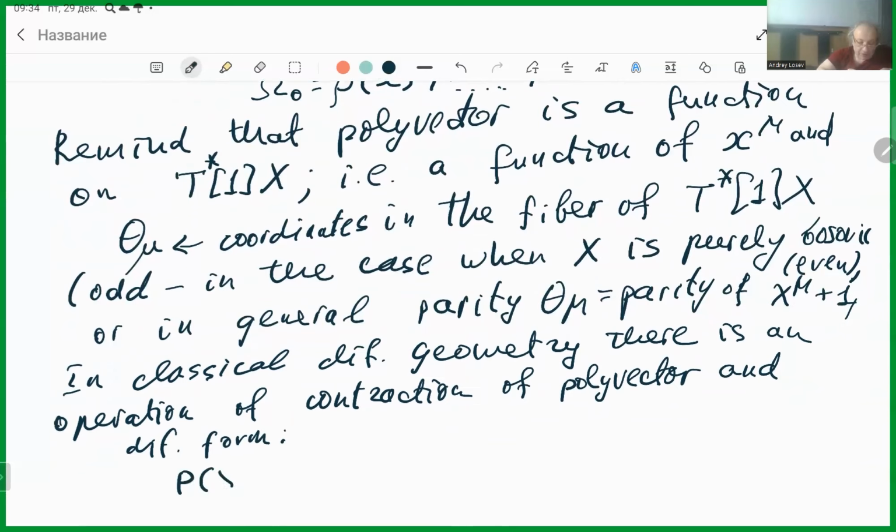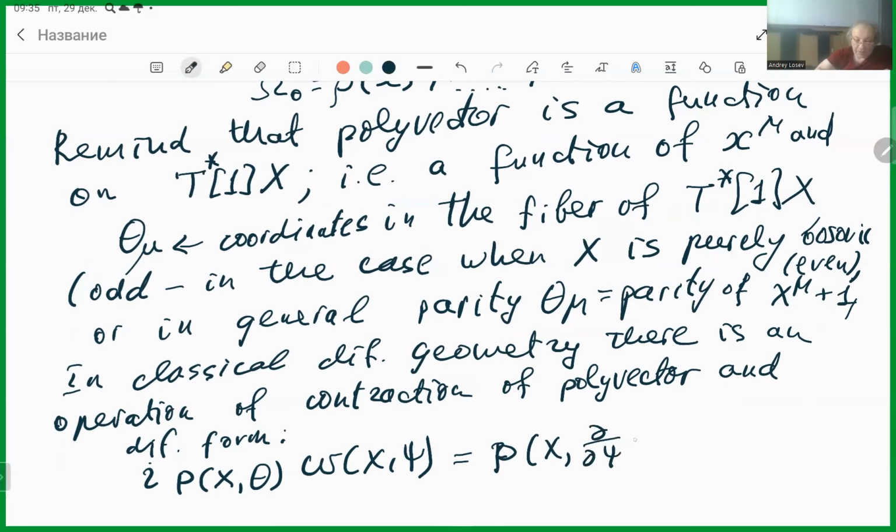So P of x theta, called iota P of x theta applied to omega of x psi, is defined as follows. We take the polyvector P and we put d over d psi instead of theta.